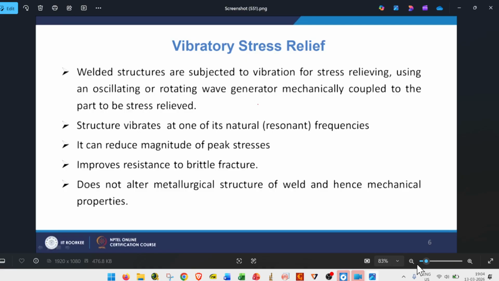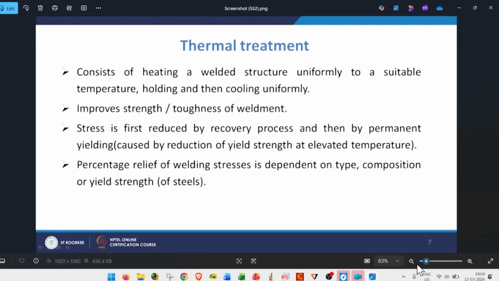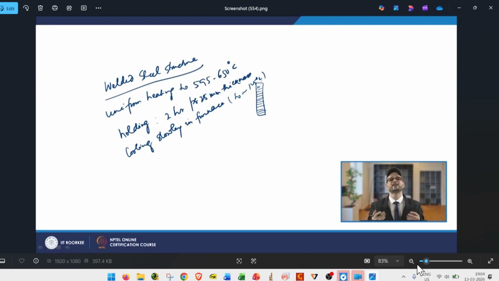Okay. Next is the thermal treatment. In this one, we give the post heat treatment so that the stress relieving takes place. It involves heating the weld structure uniformly to the suitable temperature, holding, then cooling uniformly. So how do we do that?